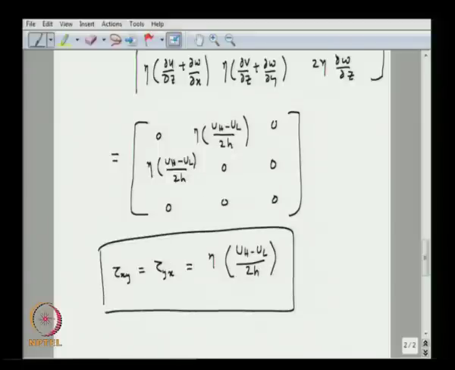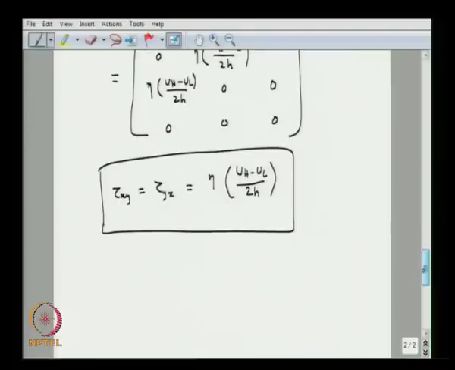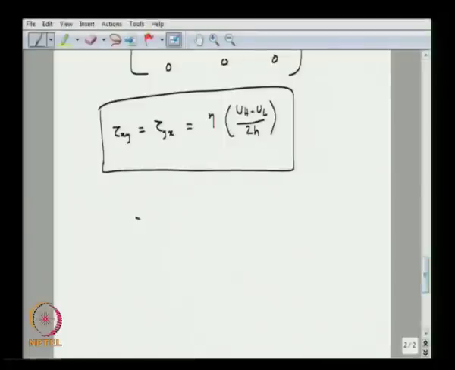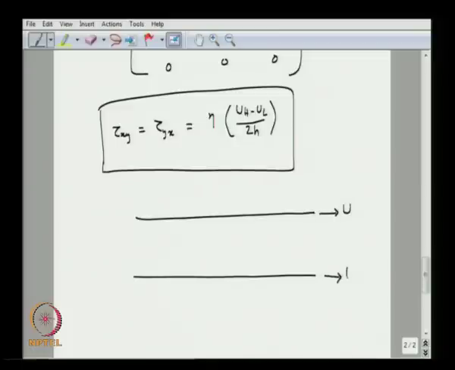right. Now, from this equation you can see that if the velocity of the upper plate and the lower plate are equal, if UH equal to UL, then the shear stress is going to vanish. So, what that means is that if you have two plates here, and this is moving at u, this is also moving at u, how do you expect the velocity profile to be?